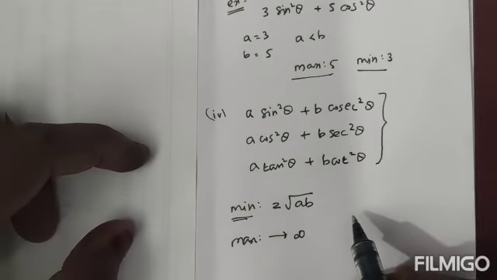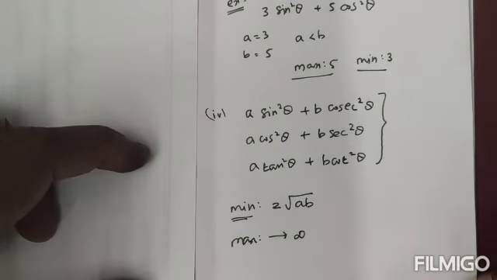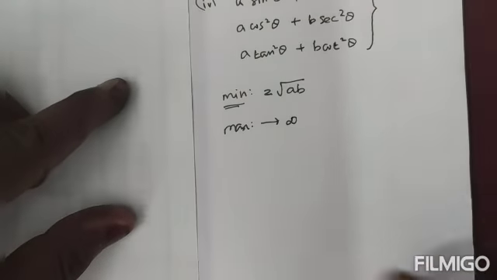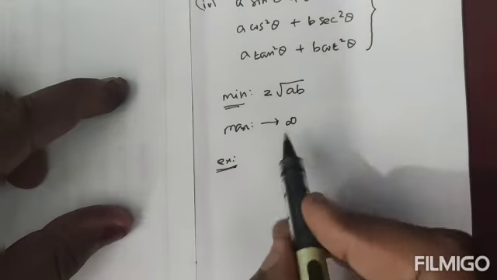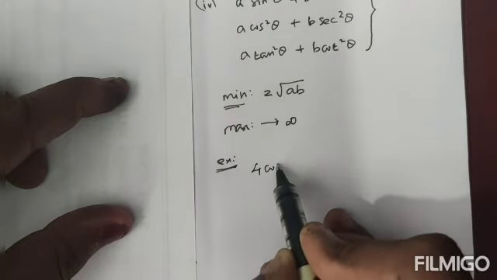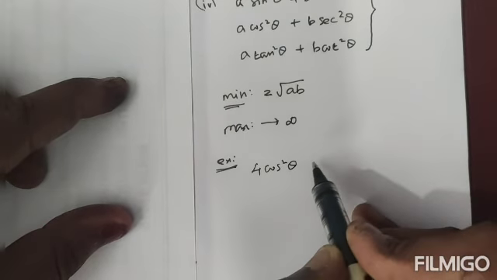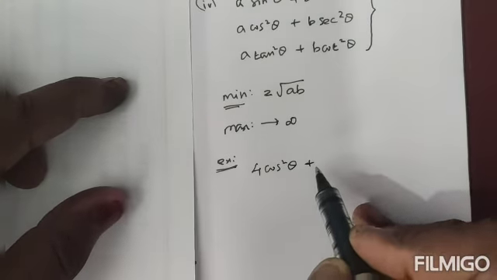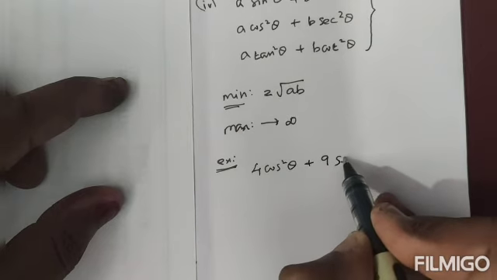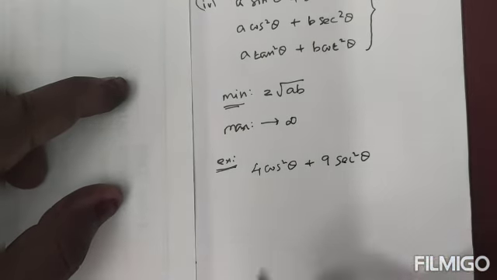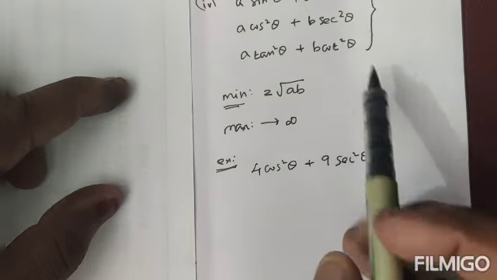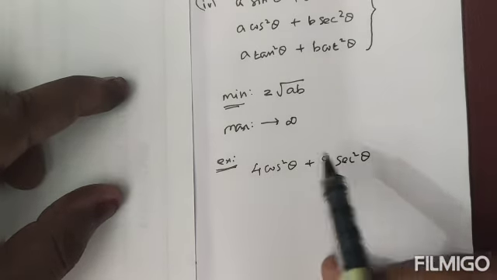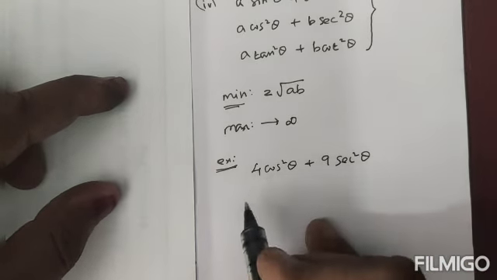So for this, I'll give one example. 4 cos square theta plus 9 secant square theta. So this is like A cos square theta plus B secant square theta, that model. So you can write here the minimum value.